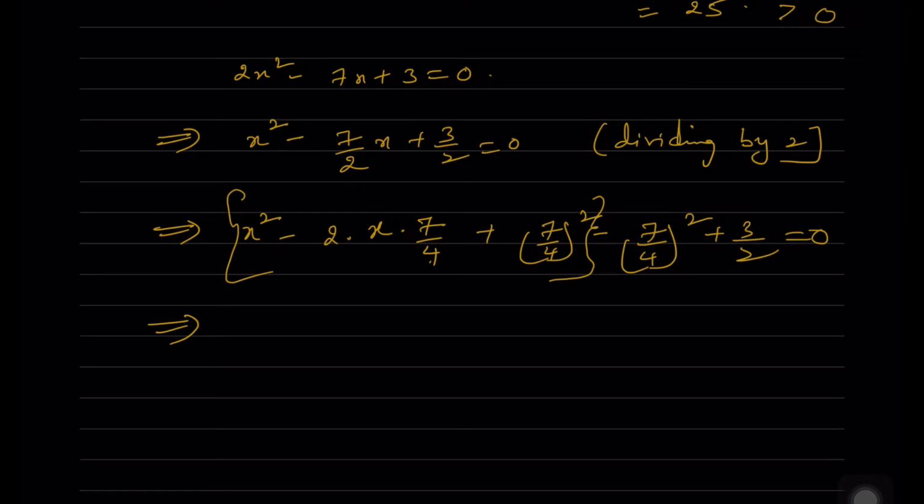So what can you write here? Your a is nothing but x and your b is 7 by 4. You can see a square minus 2ab plus b square, minus 49 by 16 plus 3 by 2, which is equal to 0.